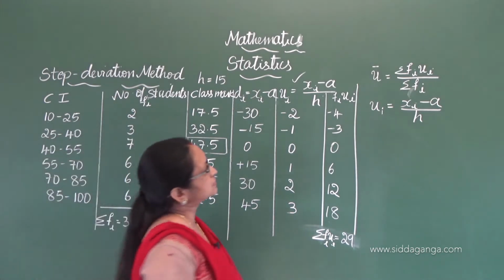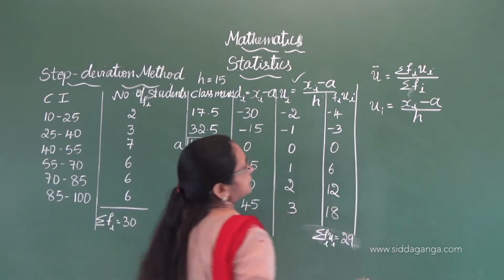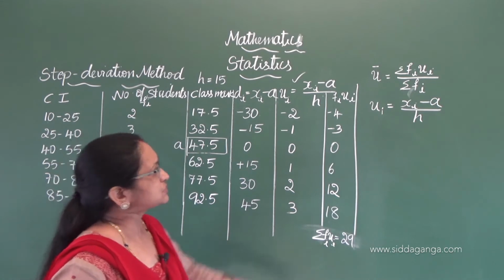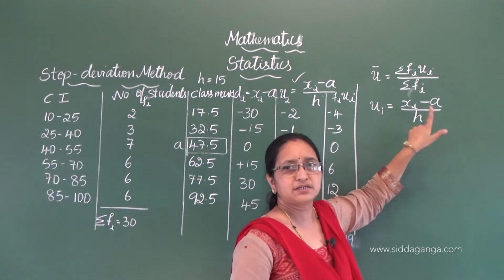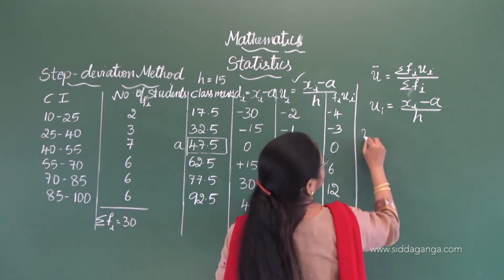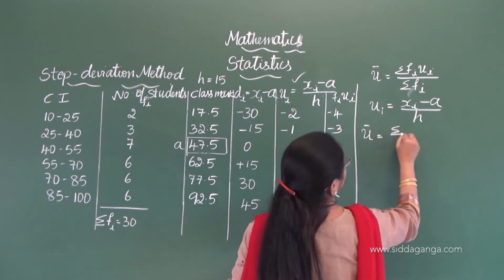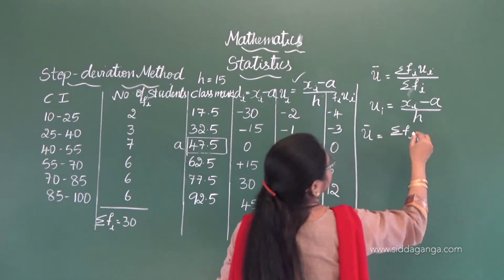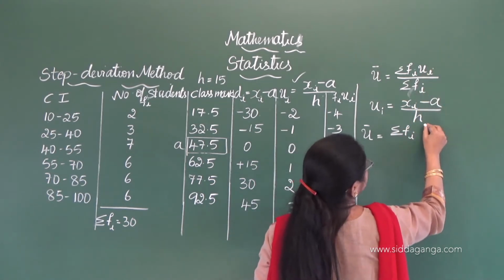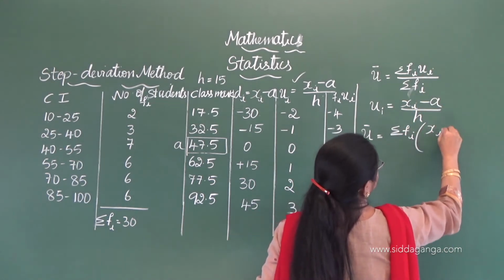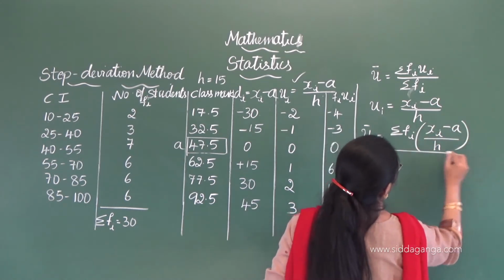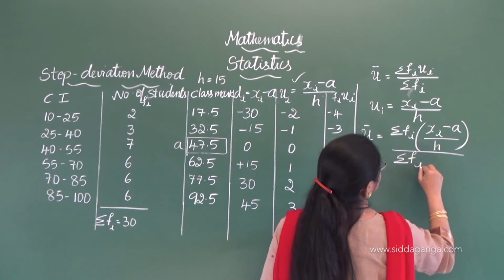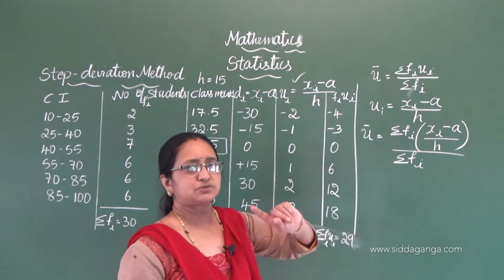So here u bar is equal to sigma fi, and instead of ui, what shall I write? xi minus a divided by h, and this whole times fi. Once again I will explain.